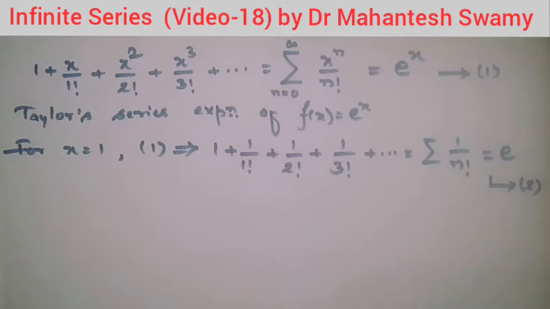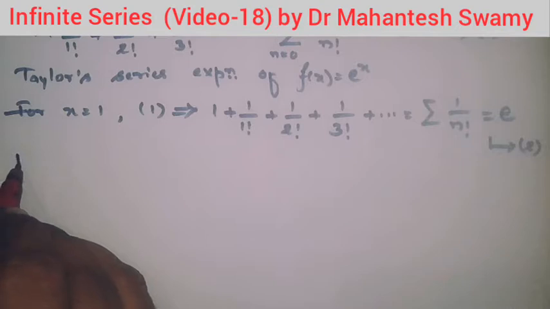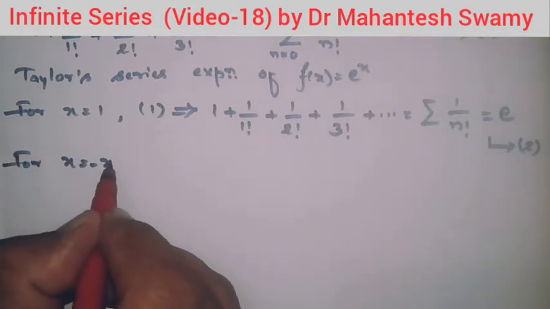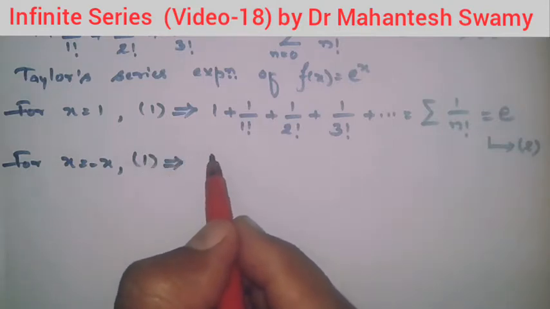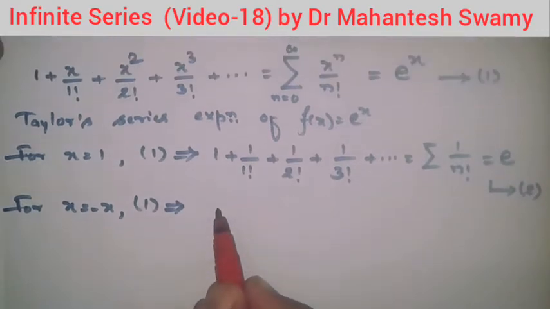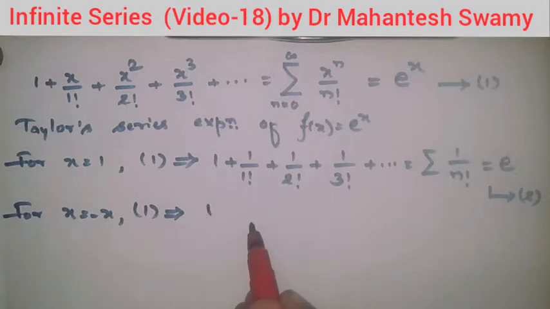Now for x equal to minus x, what happens? The second special case we are considering, when x is replaced by minus x, the given exponential series 1 becomes, we shall observe, the first term is independent of x, so it remains as it is.